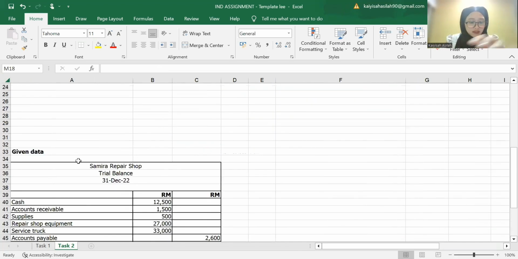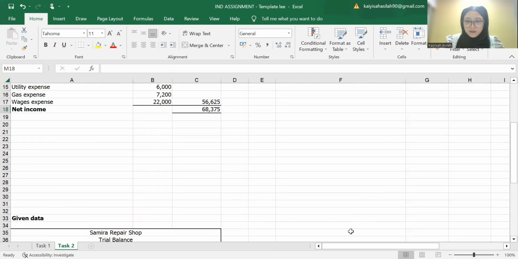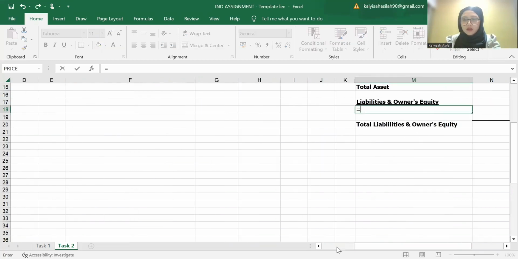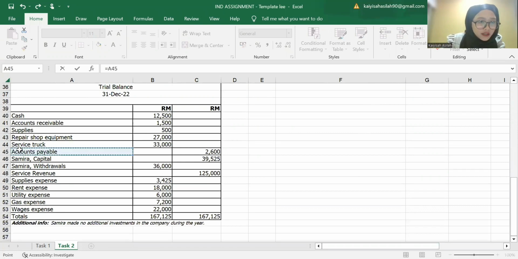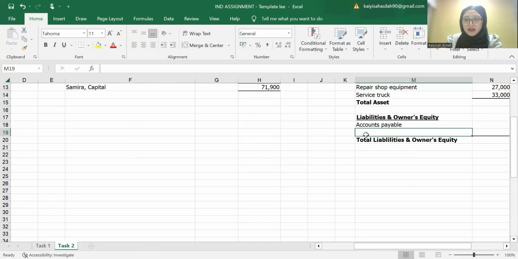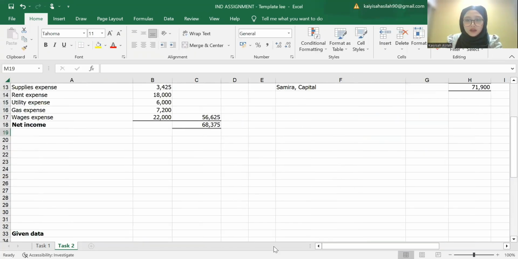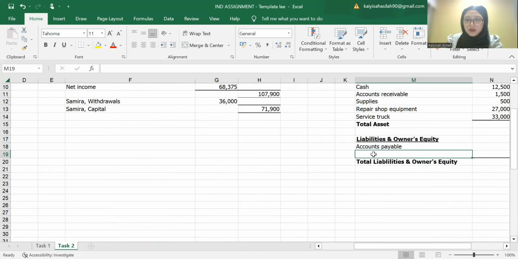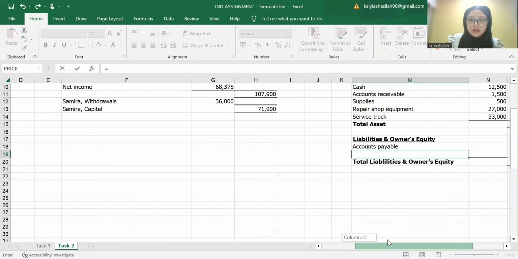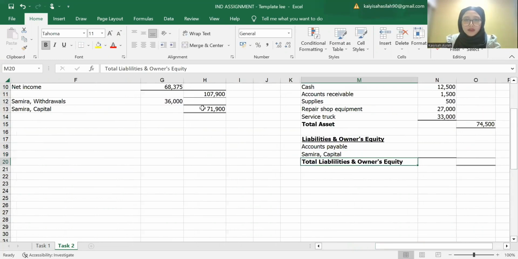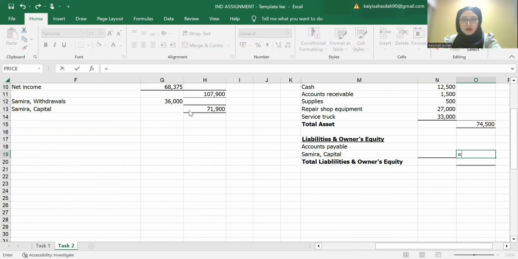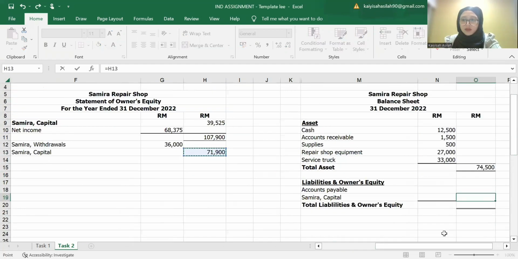So look at the given data. It's the accounts payable. Equal first. Accounts payable. Where is accounts payable? Right, this one. And then the owner equity. We go to this, Samira capital. Samira capital is 71,900. Go to the statement of owner equity to get the Samira capital.